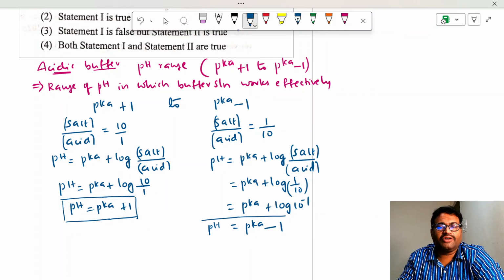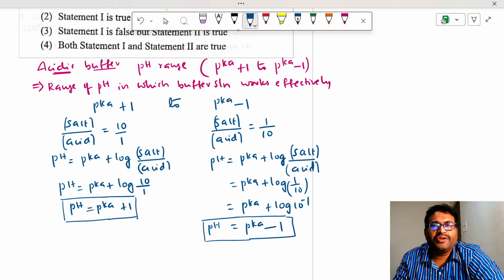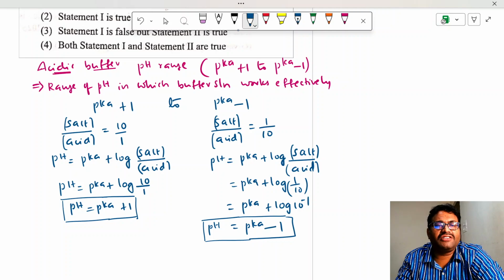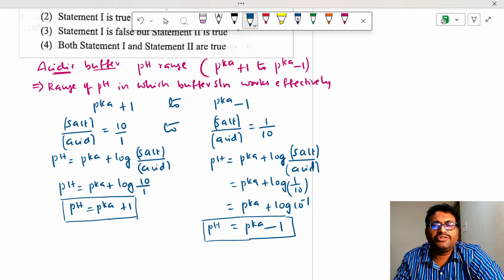So only if the salt concentration to acid concentration ratio is from 10 is to 1 to 1 is to 10, it can act as a buffer.